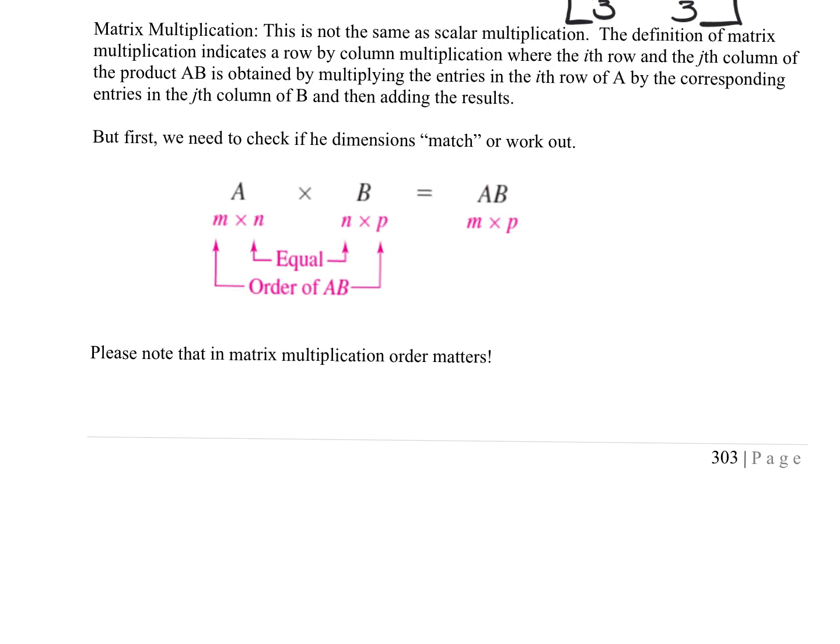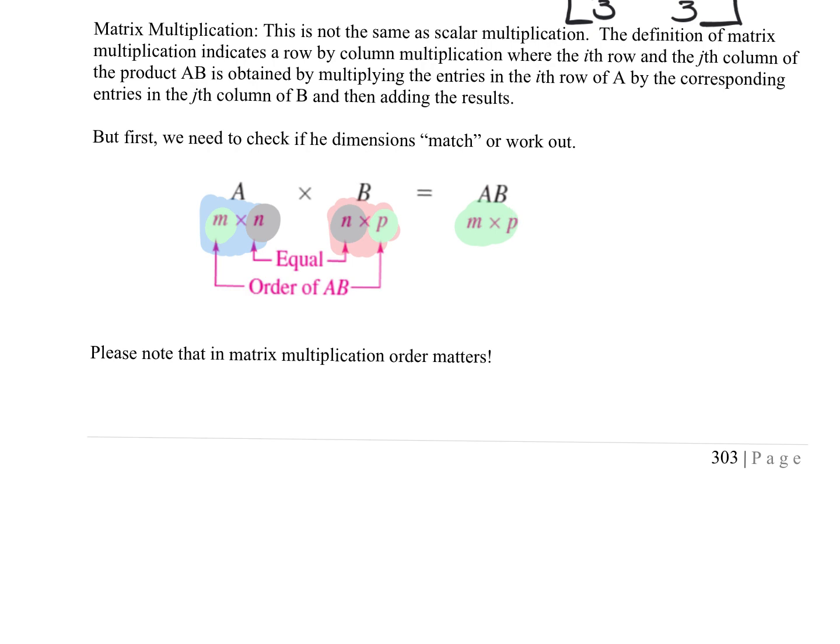For example, if matrix A was an m by n, and matrix B was an n by p, when you put them next to each other and multiply in order, because the order is going to matter, we're going to do A times matrix B. If you look right here, you can clearly see that the n and n match up, and you're left with m by p as the resulting dimensions of the answer.